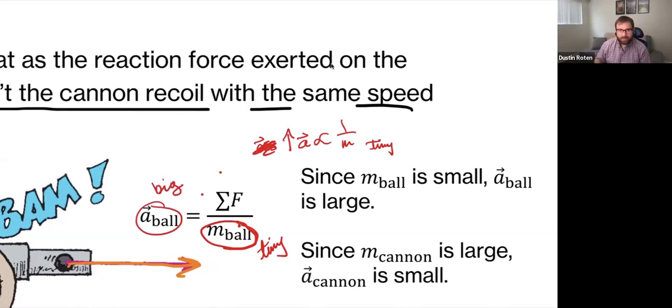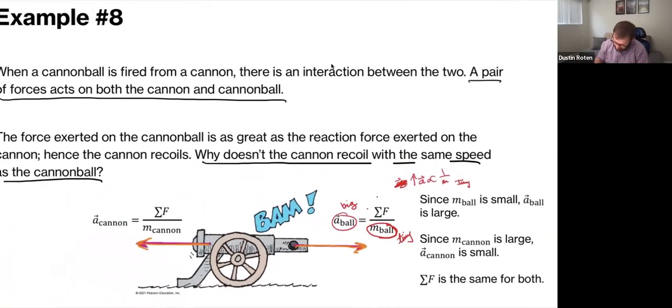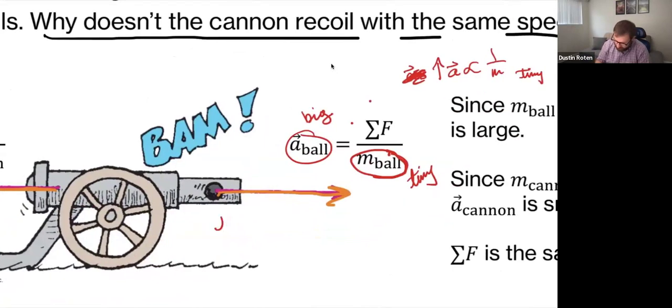Right, so now we know that this is why the cannonball is flying out so fast. So we can sum it up as small mass, large acceleration.